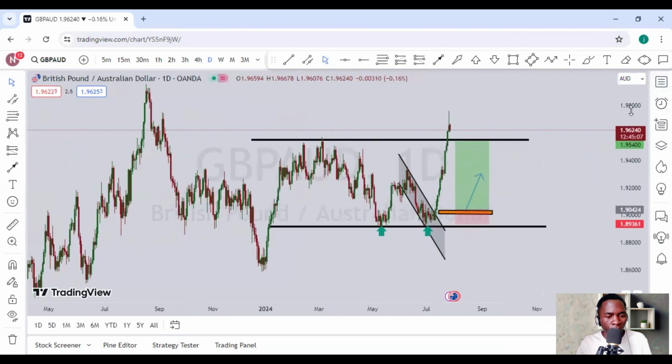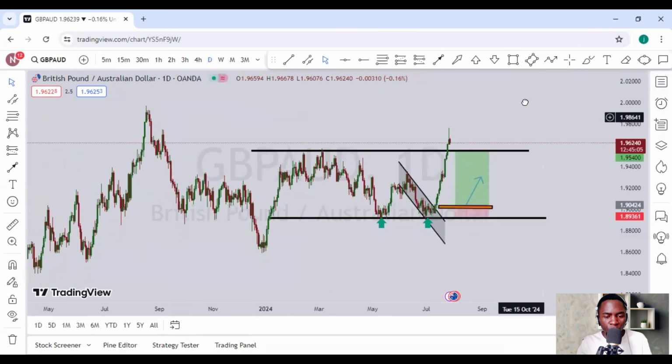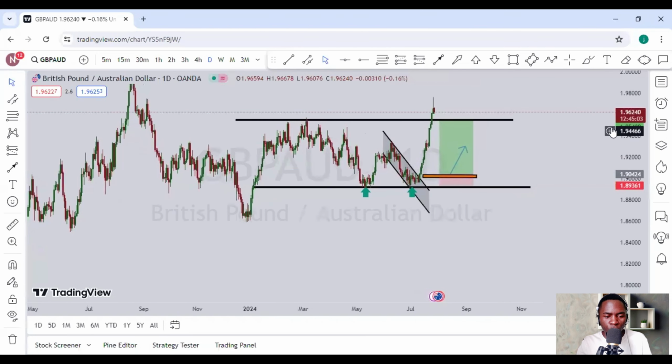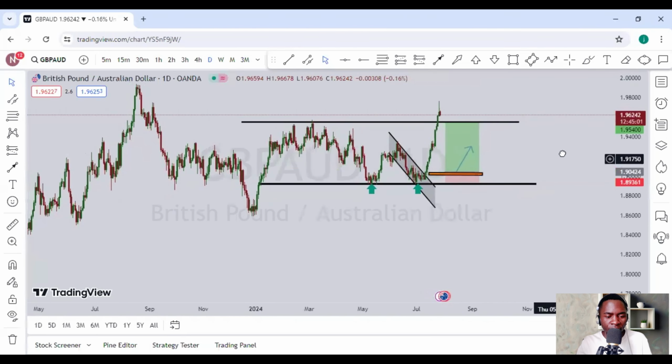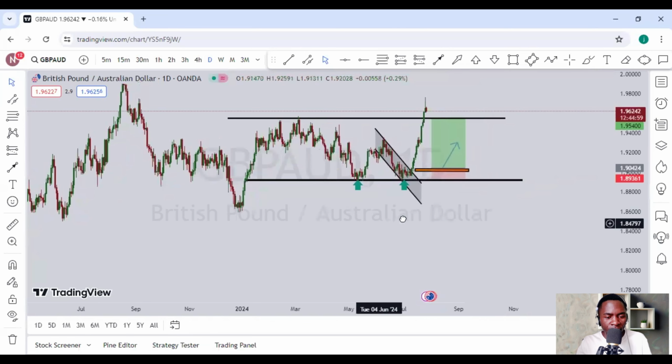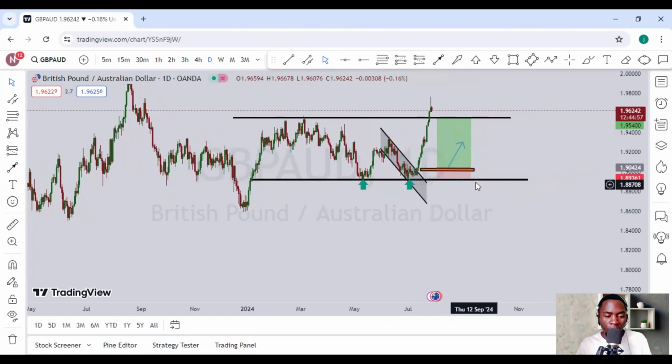Then this one also, I called on this GBPUSD. I wanted to take this trade, but unfortunately the market didn't give me entry. Look at this, the market went directly to my take profit.